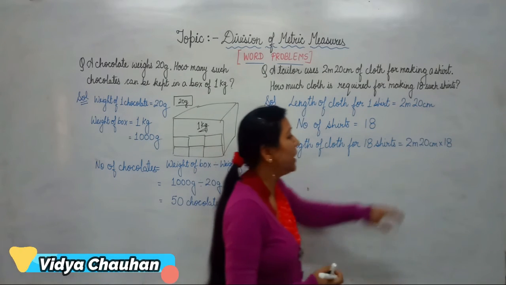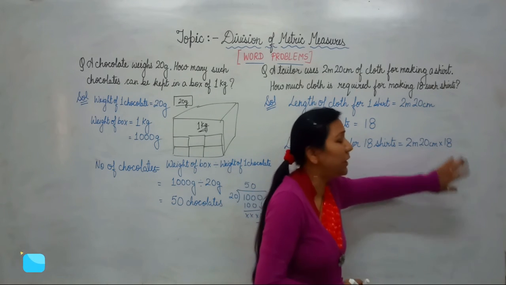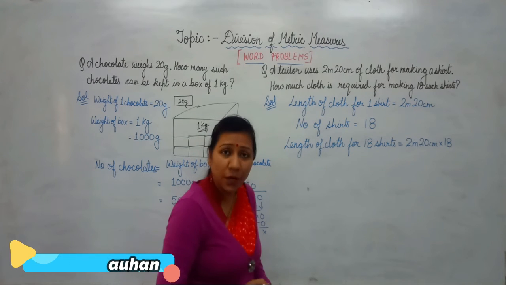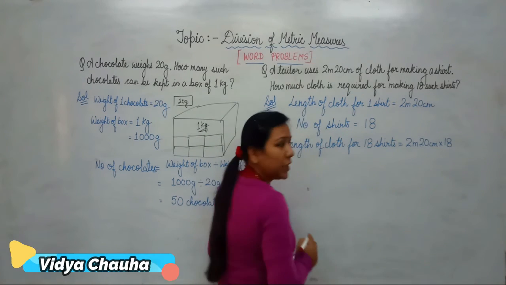That means we will multiply 2 meter 20 centimeter by 18. Correct, students? We have done how to do the multiplication, so let us perform it.